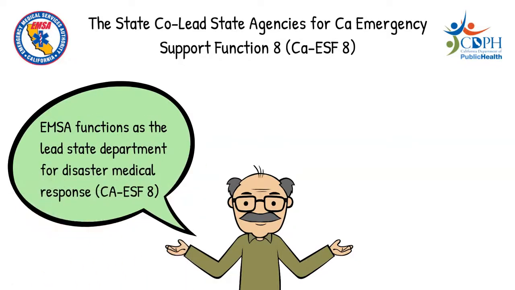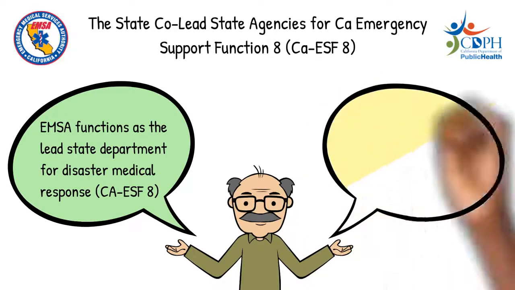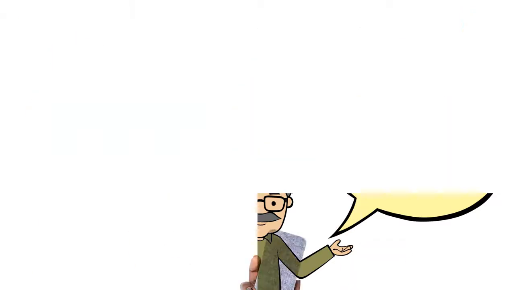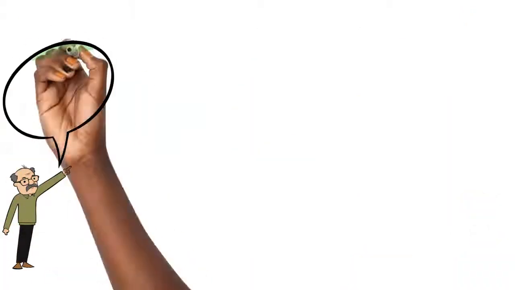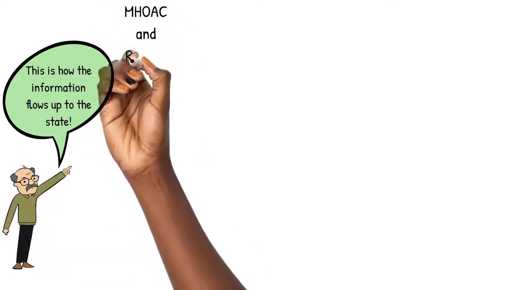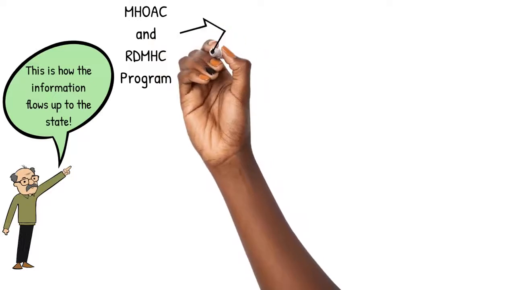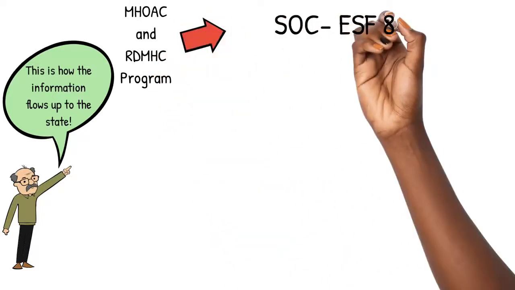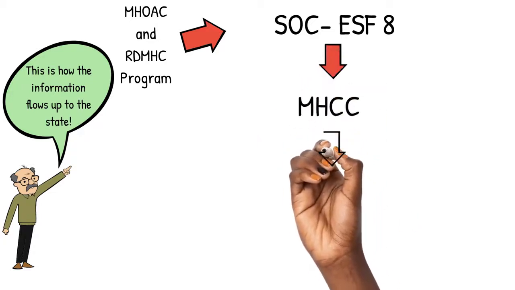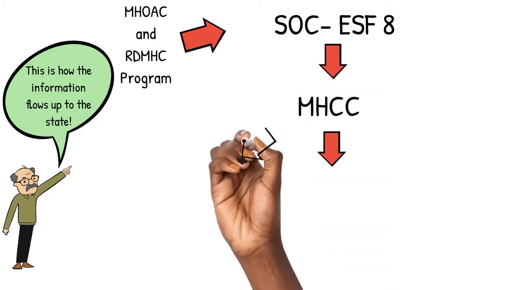The EMS Authority is the lead department for disaster medical, ESF8, and CDPH functions as the lead for public and environmental health response at the state. So let's talk about how information flows during a disaster. Everything flows from the bottom up. The MHOAC program and the RDMHC programs are doing the coordination at the operational area and at the region. Then they flow information up to the State Operations Center at the ESF8 desk, or the Medical Health Desk.